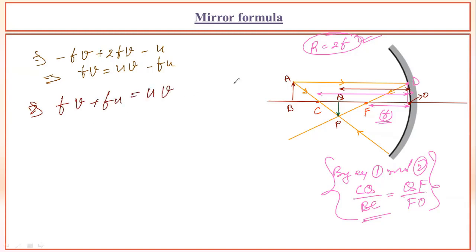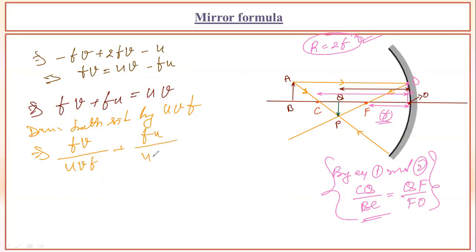Now this is the equation, and we will divide both sides by UVF. So when you divide, it is FV upon UVF plus FU upon UVF equals UV upon UVF.